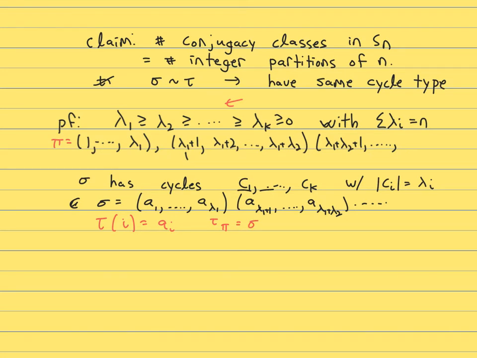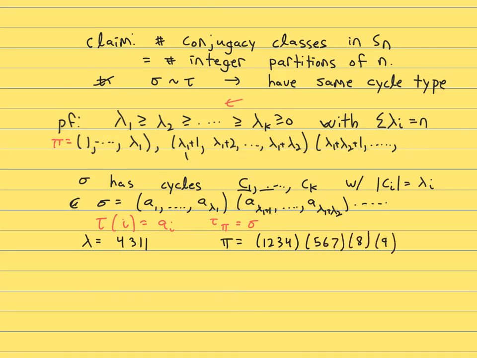And so it's probably easier to do an example instead. So let's take the integer partition 4, 3, 1, 1. So that's 4, 5, 6, 7, that's 9. What is pi? Pi is supposed to be the permutation 1, 2, 3, 4, 5, 6, 7, 8, 9.